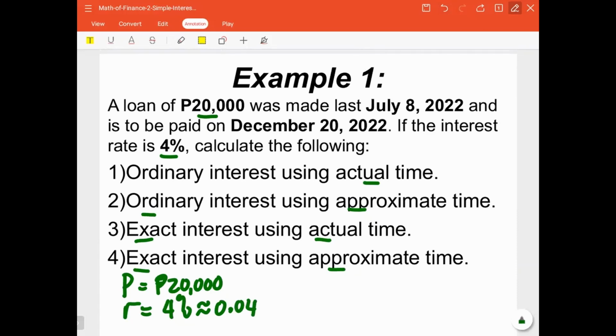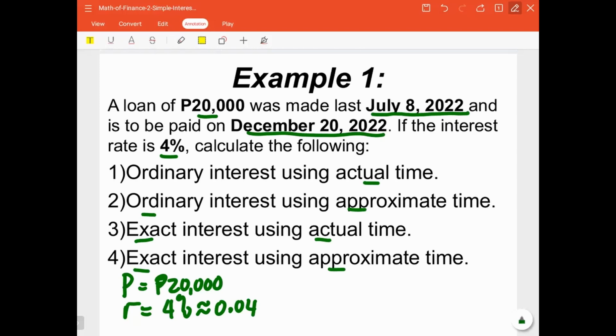Now, this date here, July 8, 2022, is the loan date. That's the original date of the loan. And this December 20, 2022 is what we call the maturity date. The maturity date is, of course, the date on which a debt must be paid in full.